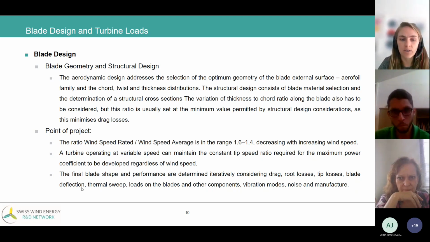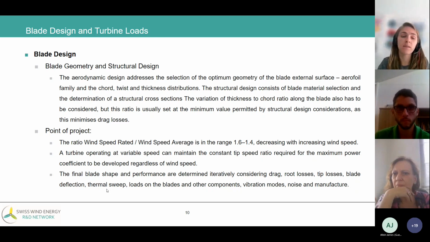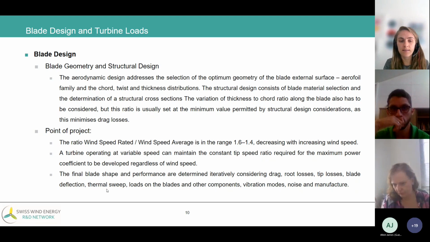Also, thermal sweep has an influence on the blade, because you build your blade in a mold, and after you remove your blade from this mold, the blade can have some sweep. The blade can deflect a bit, so you already have to know this.